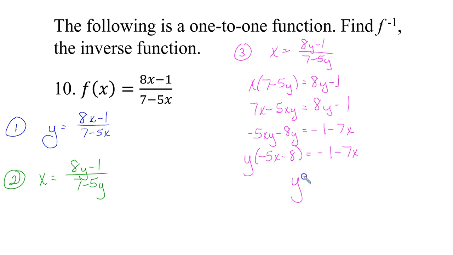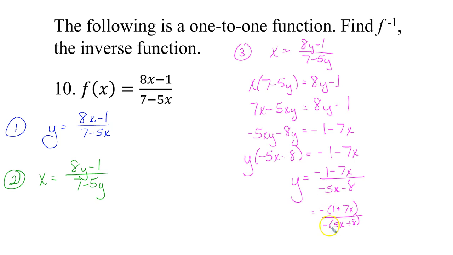To get y by itself, I'm going to divide both sides by that negative 5x minus 8. Now, because every single term up here is negative, I can also factor a negative out of the numerator. And I can factor a negative out of the denominator.